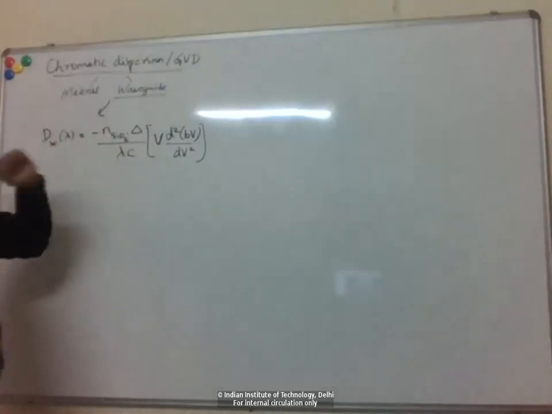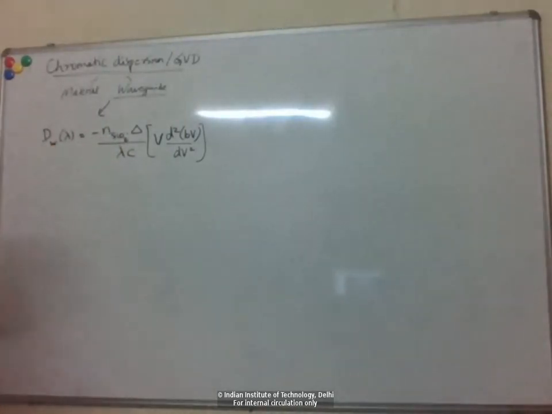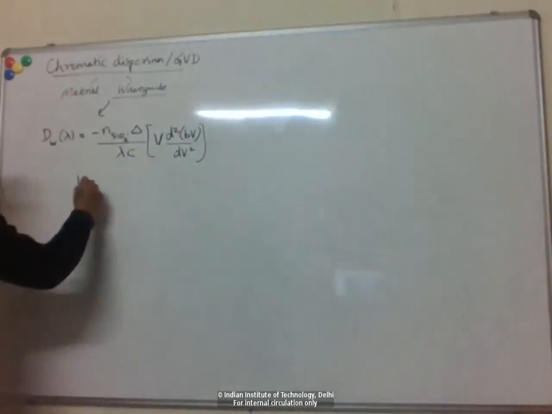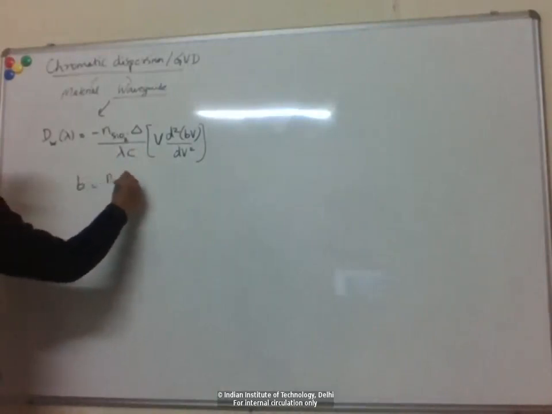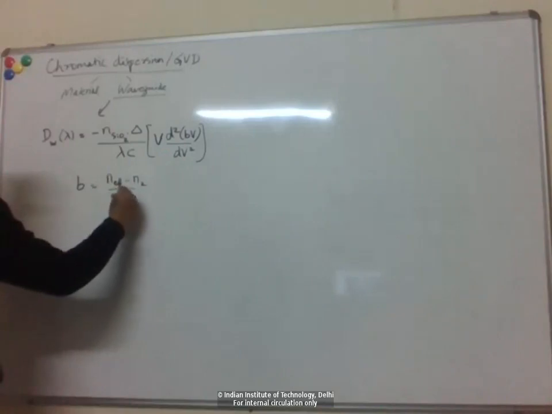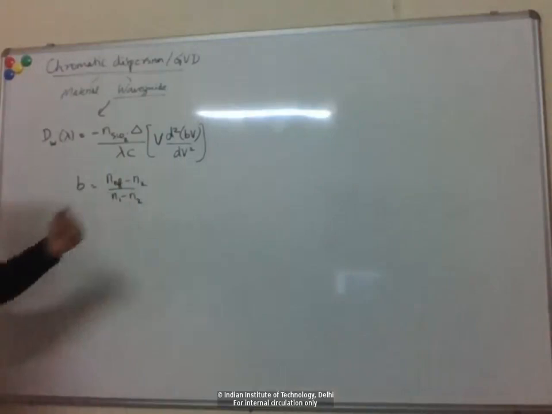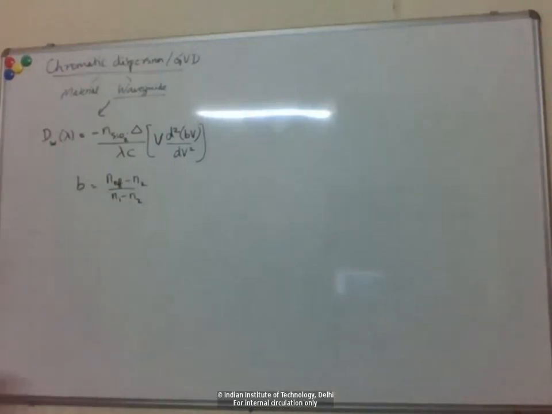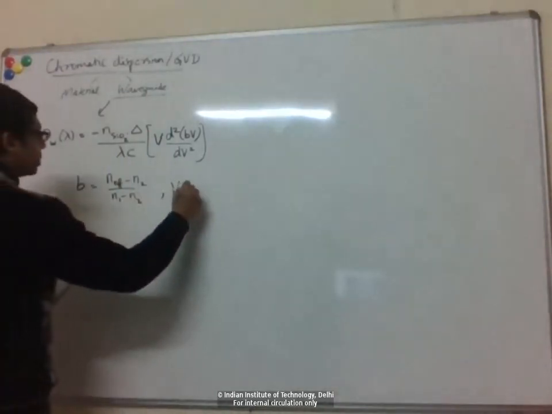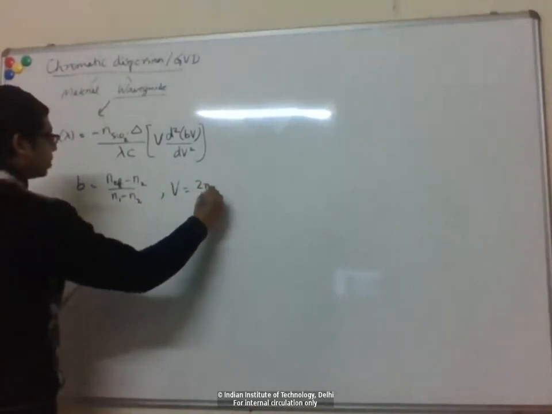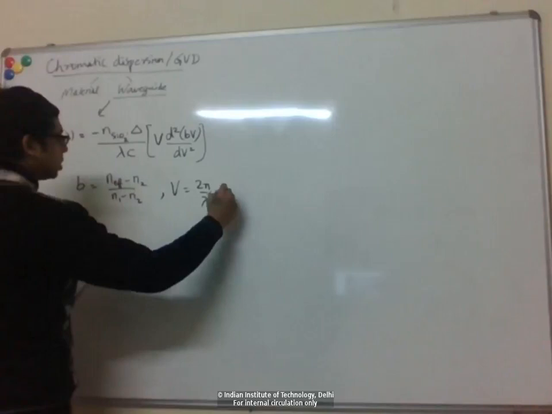Other numbers here are constants. So, just to remind you, this normalized propagation constant was defined like this: effective index of the mode minus the cladding index divided by the difference in the core and cladding index, and the V parameter was defined like this, where a is the core radius, right?